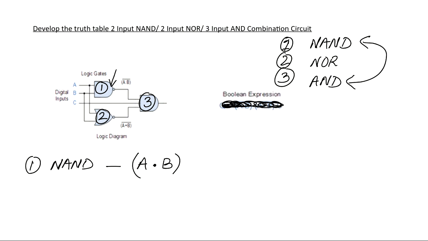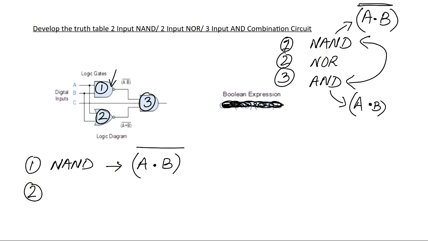A simple AND gate multiplies A and B, but a NAND gate multiplies A and B and then inverts it, which is represented by a bar on top. Inverse means that it will make the output opposite. If the answer is 1, it will make it 0. If the answer is 0, it will make it 1. So this is what the first gate is doing.